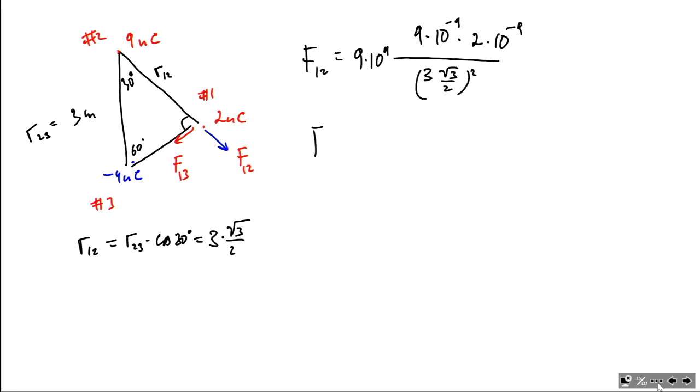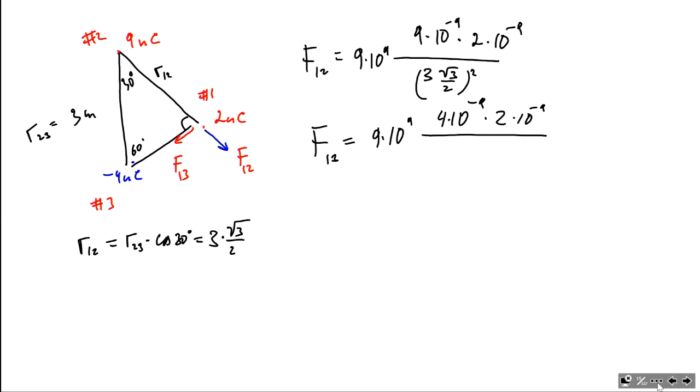Now we can write the magnitude for the second force, and that has to be equal to 9 times 10 to the 9th, same constant. We are multiplying the magnitudes of the two charges, 4 times 10 to the negative 9, 2 times 10 to the negative 9.